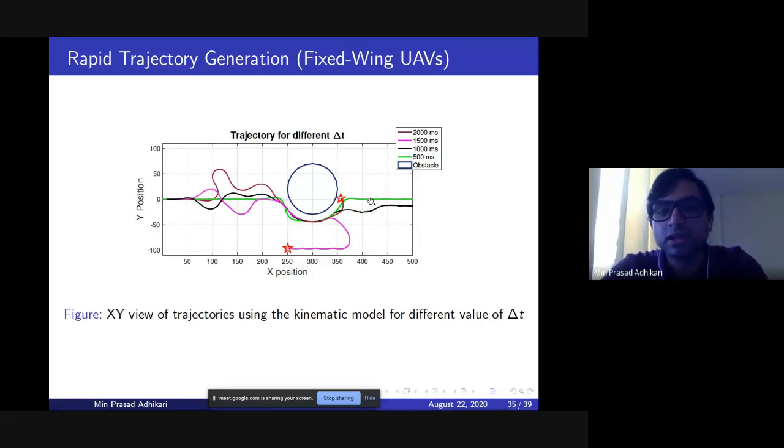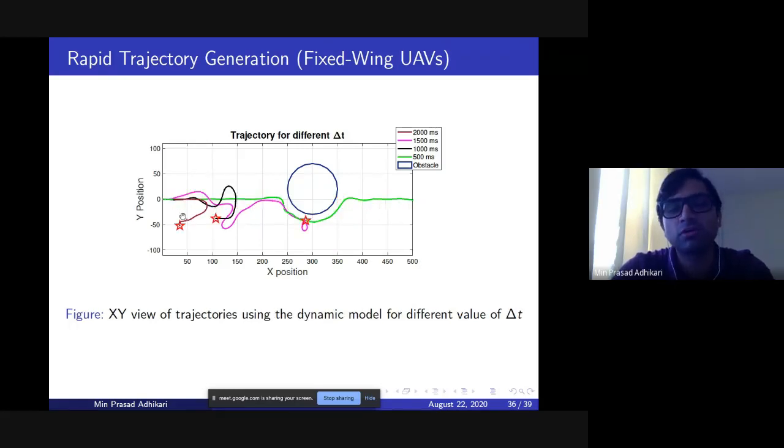It seems like you want to be solving the problem real quick. You don't want a delay in accounting for the environmental changes. And you can see, at least with the kinematic model, two of these are actually moving forward. But with the dynamic case, all three of these fail, and only the green one, with 500 milliseconds, is able to progress ahead.